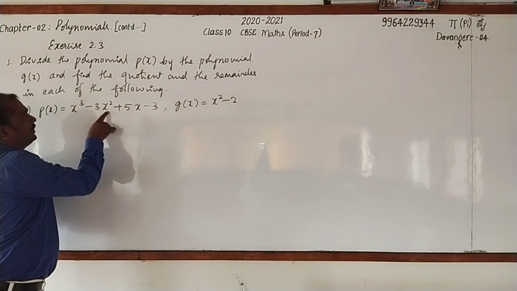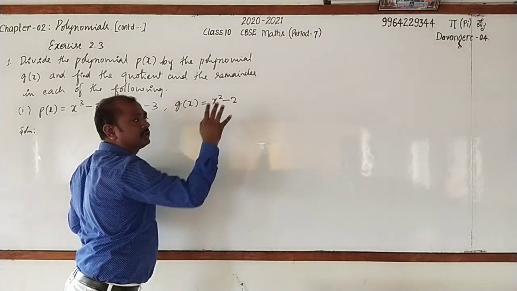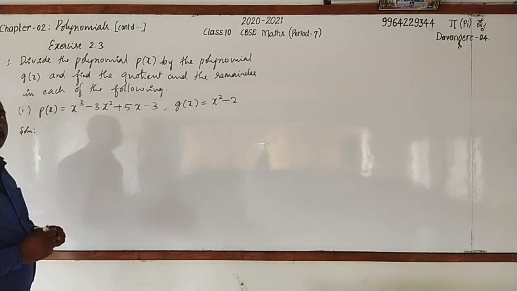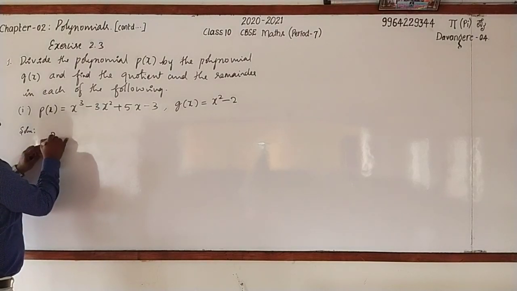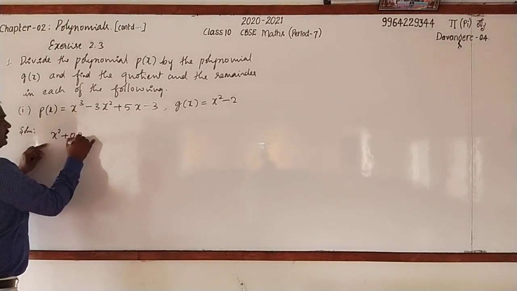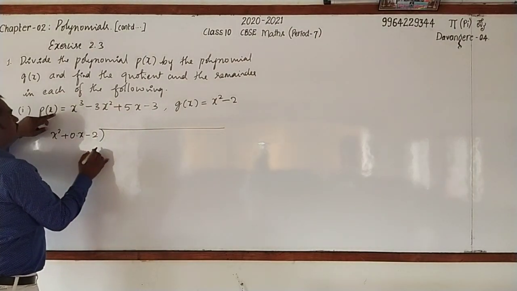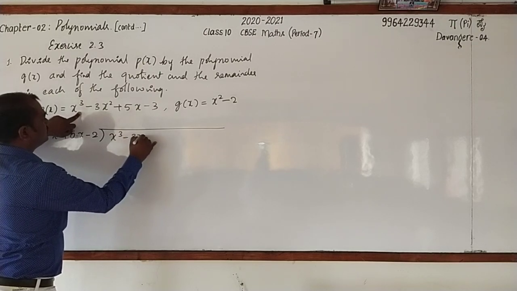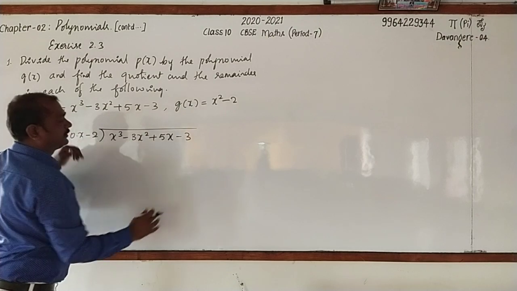Here x cube, x square, x and constant. Here in the divisor x square, there is no x term. So we have to write 0 into x here. Clear? Yes. Here I will write the divisor x square plus 0 into x minus 2. From this, you are going to divide the dividend, that is x cube minus 3x square plus 5x minus 3.